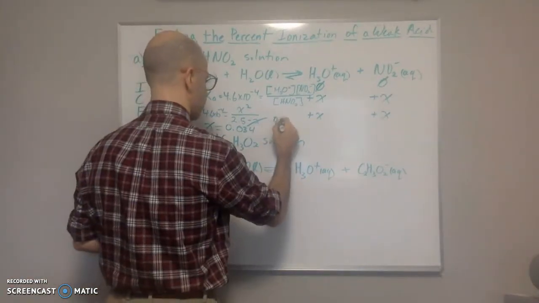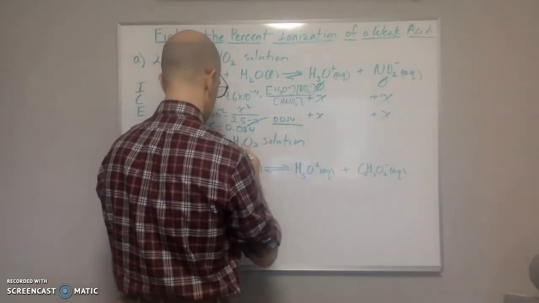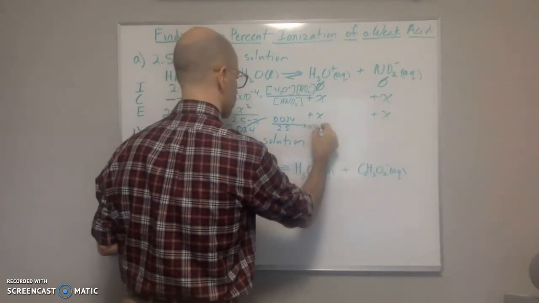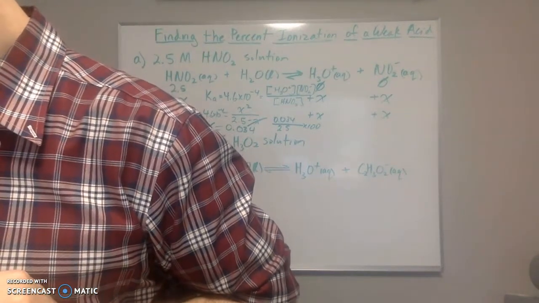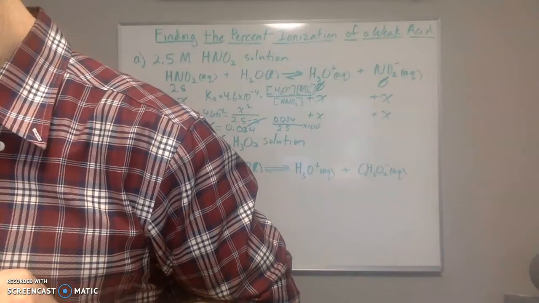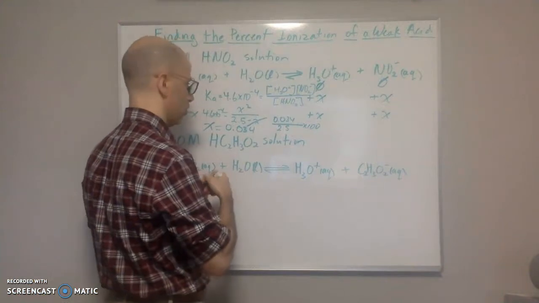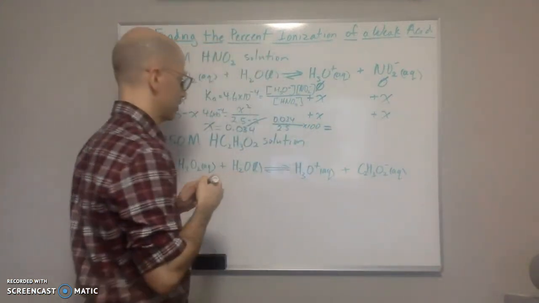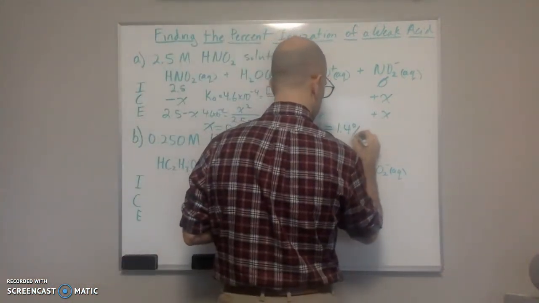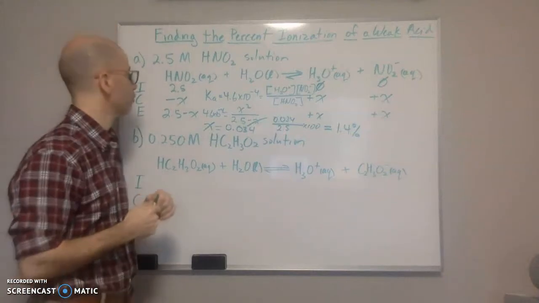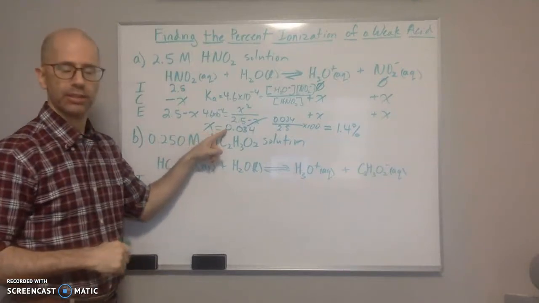So you take 0.034 divided by 2.5 times 100. Okay, and so we get 1.4% ionization.